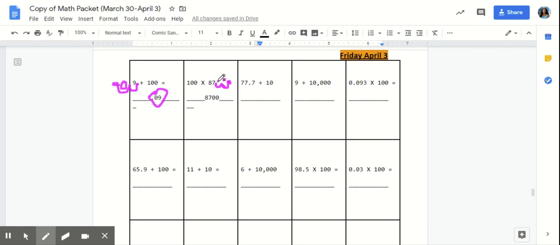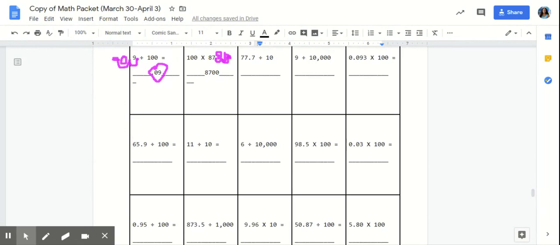That's better. And then we're going to fill in our missing place values with a 0. Let's pretend that that's a 0. And we're going to have 8,700. I want you to go and check your work and remember that rule as you're checking.